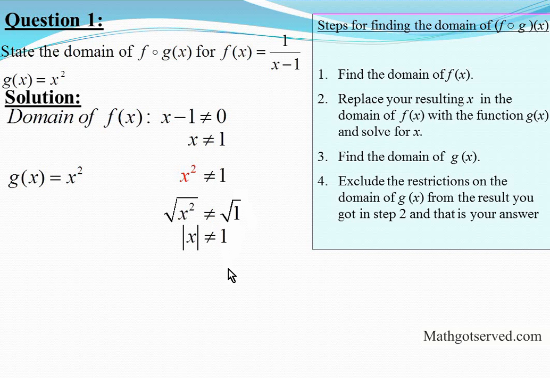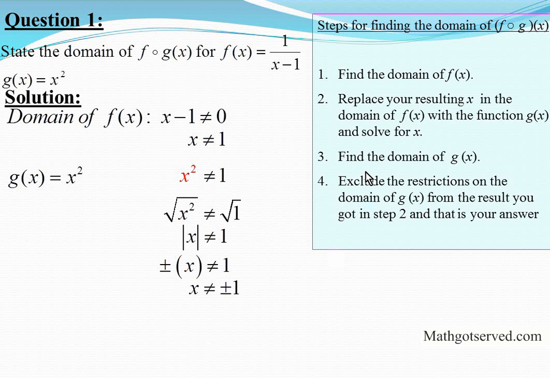Solving an absolute value inequality of this nature, we'll replace the absolute value bars with plus or minus 1. That yields x cannot be plus or minus 1. So we're done with step 2.